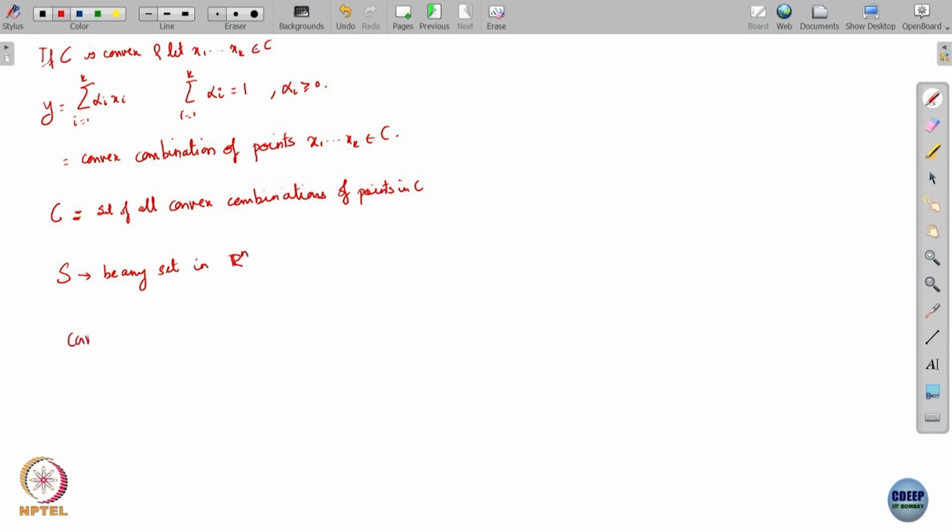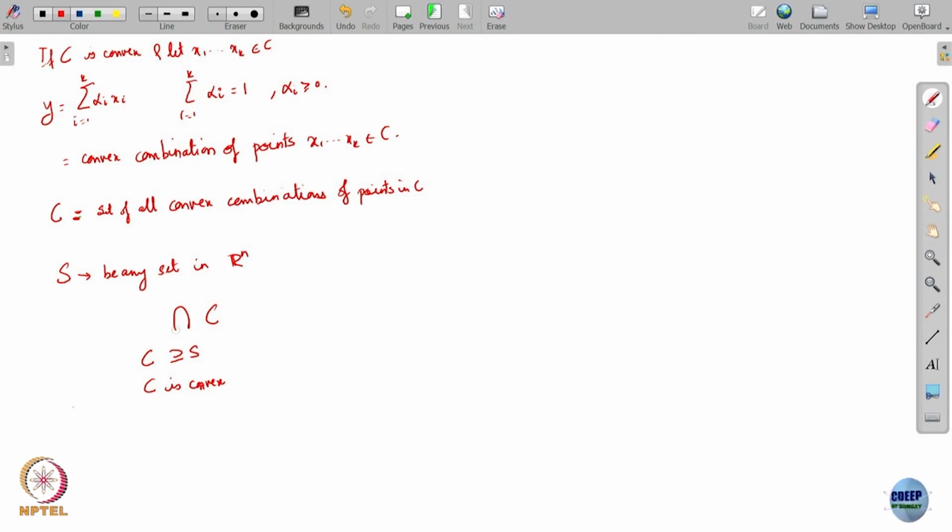And now define this thing, which is the intersection of all sets C that contain S, and C is convex. So, this is the intersection of all convex sets that contain S, right.